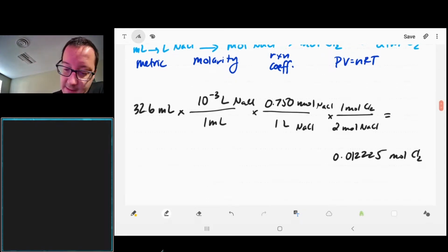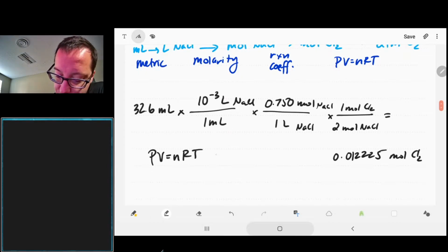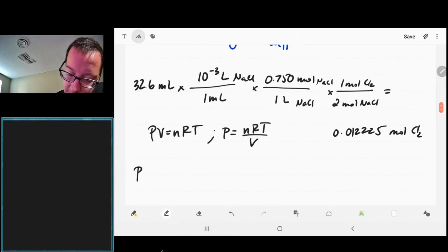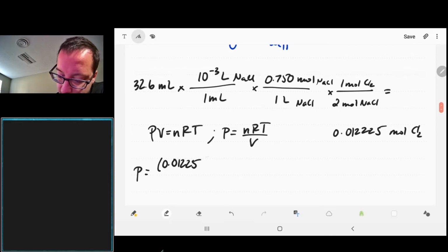Our ideal gas law, PV equals nRT. Since we're solving for pressure this time, it's nRT over V. So we can say that the pressure is 0.01225 moles times 0.08206.